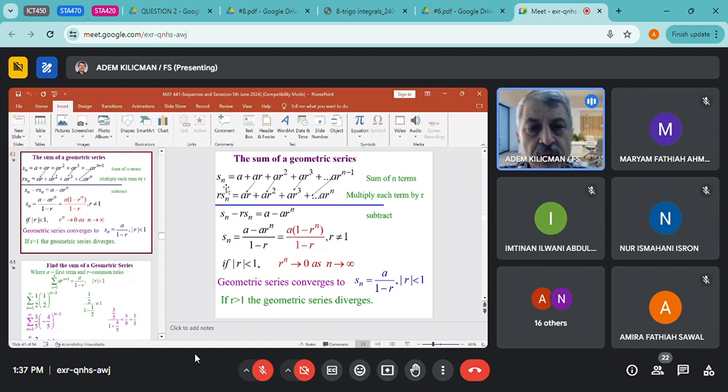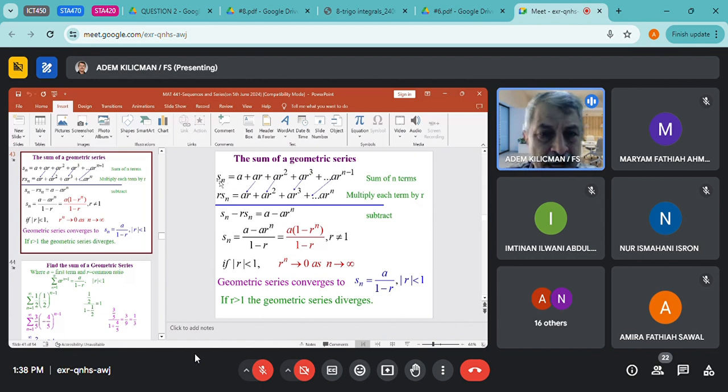Now, when you multiply Sn by R, the common ratio that belongs to everyone, we multiply each of the terms by R. We will get A times R, A times R square, A times R cube, and so on. When multiplying by R, each term we have. At the end, we have AR^(n-1) times R, which becomes AR^n.